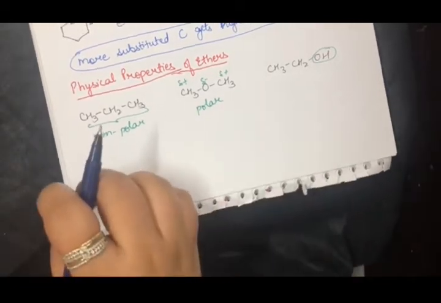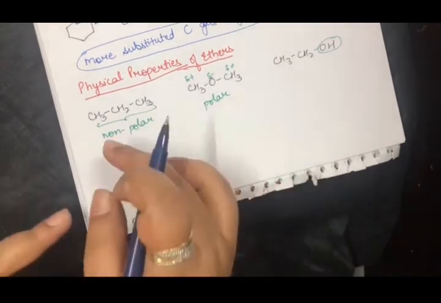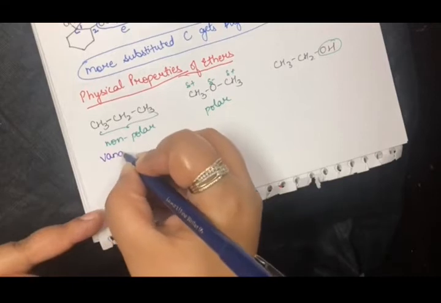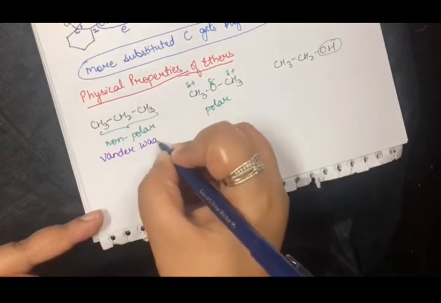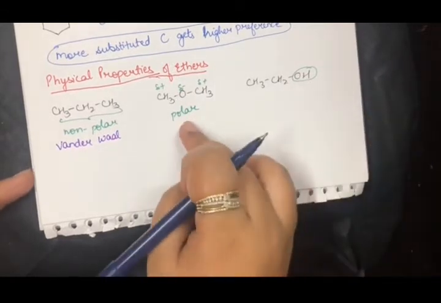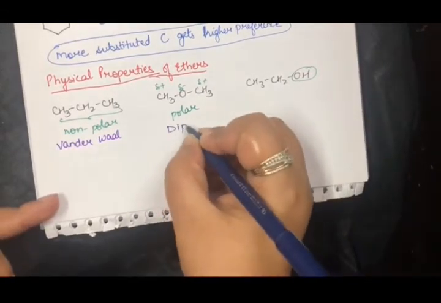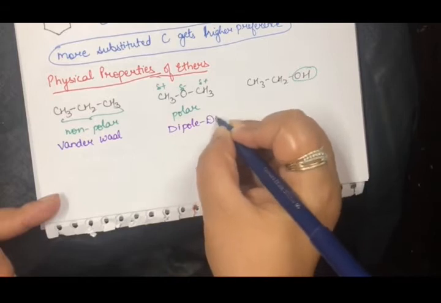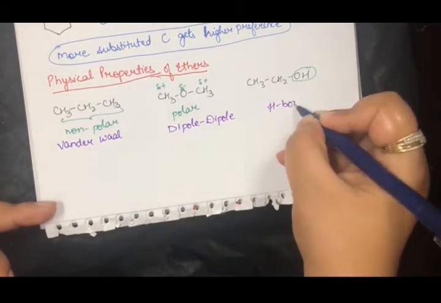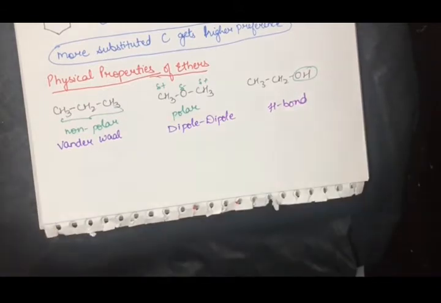Now if I write the basic intermolecular forces of attraction present, since this molecule is completely non-polar, we say that van der Waals forces of attraction are present. This is a polar molecule, so I will say there are dipole-dipole interactions present. And what about here? This is going to be hydrogen bonding, right?